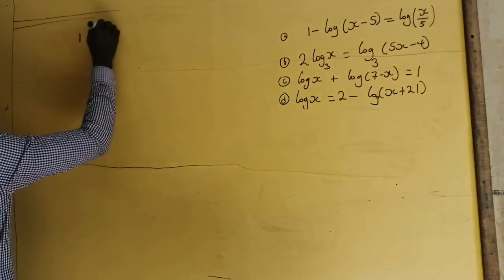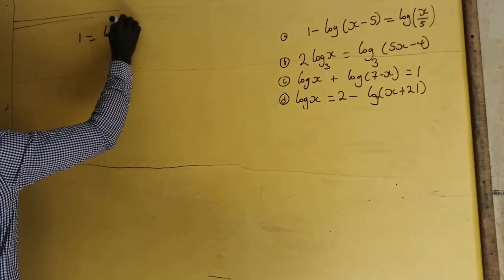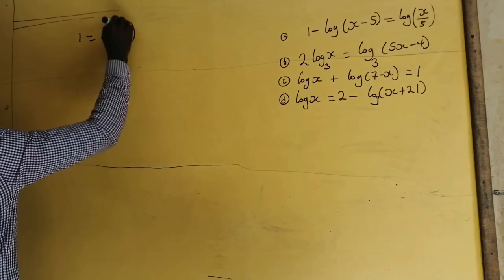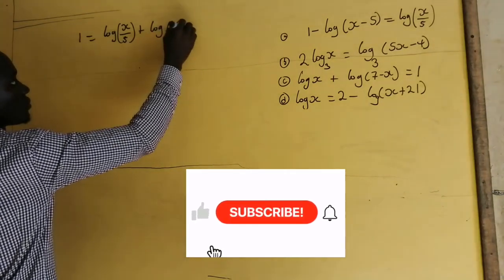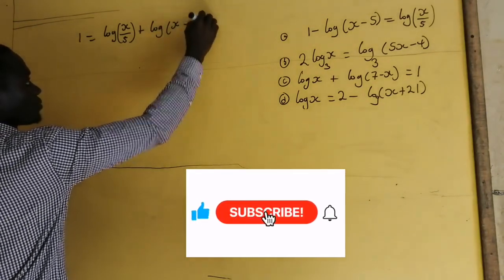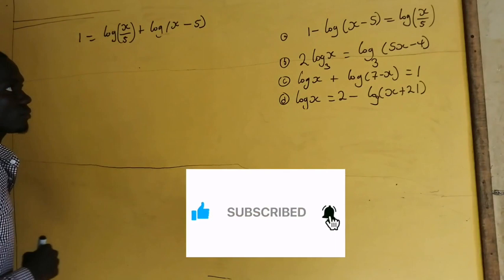So you have 1 equal to log of x divided by 5 plus log of x minus 5.